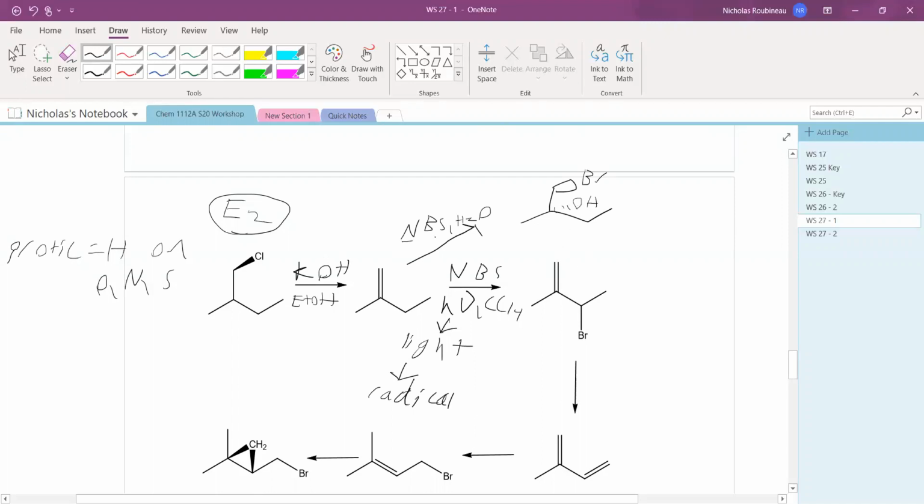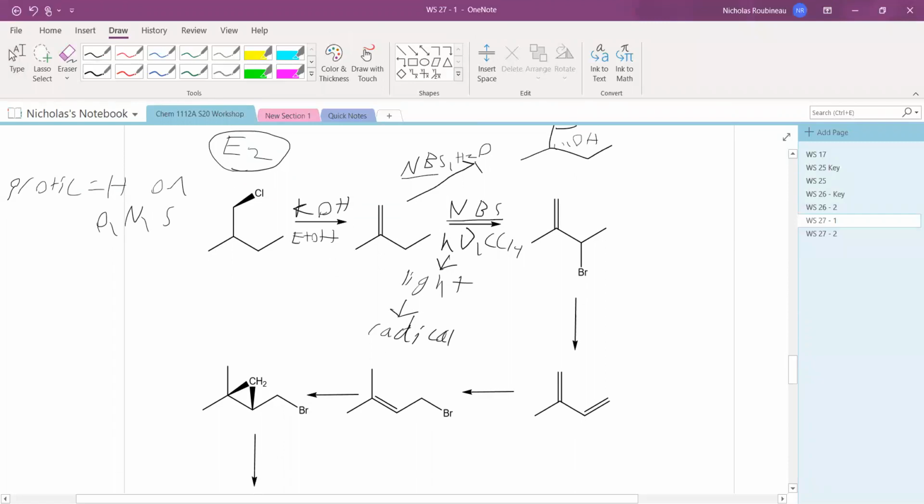So even though they both have NBS, the other conditions we're using make a big difference. So you should remember both of these reactions, but remember that there's a big difference. One of them reacts with the double bond to add a bromine and an alcohol, and the other one is related to the double bond, but it keeps the double bond intact, and it adds a halogen in the allylic position.